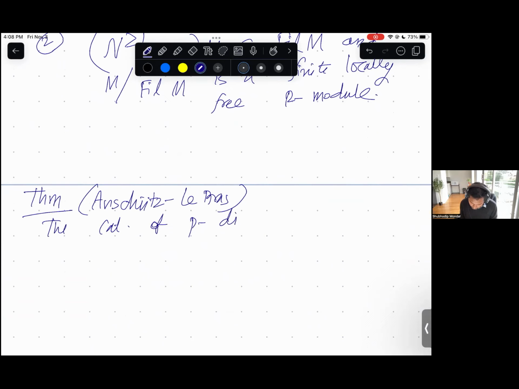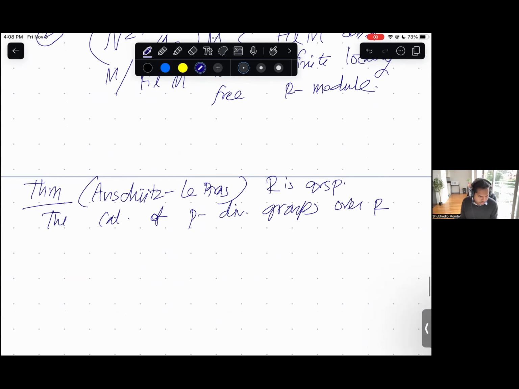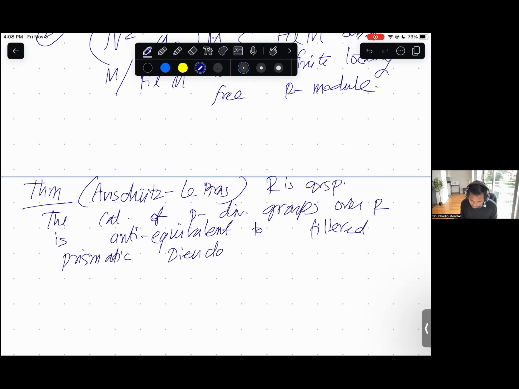The category of p-divisible groups over R, where R is QRSP, quasi-regular semiperfectoid, as before, is anti-equivalent to filtered prismatic Dieudonne modules over R.